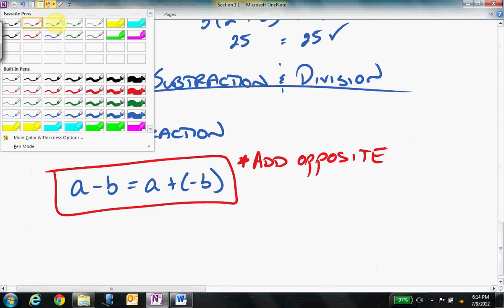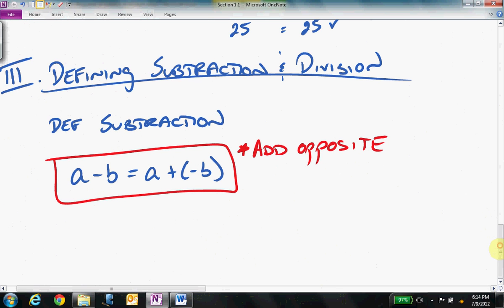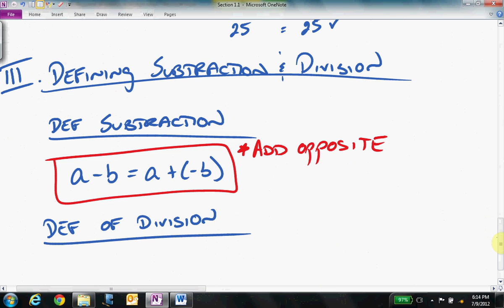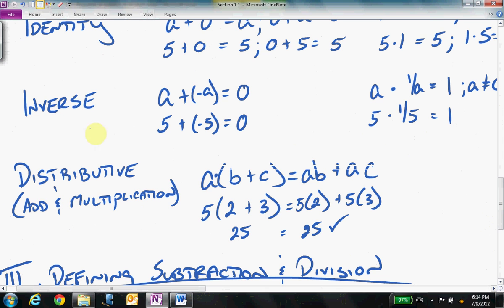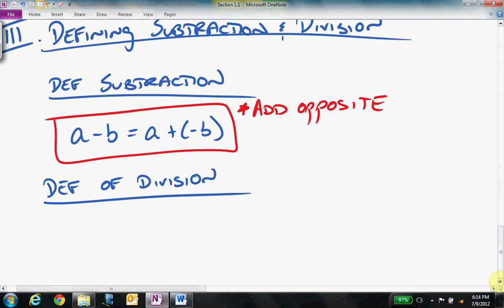And we talked about the inverse earlier for our definition of division. Bringing you back to the inverse property here, where we multiplied by the reciprocal. With division, some value a divided by b is going to be the same as a times the reciprocal of b.